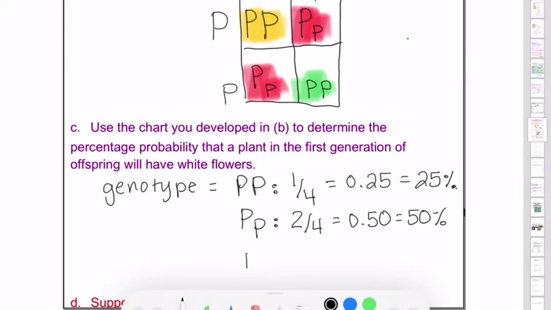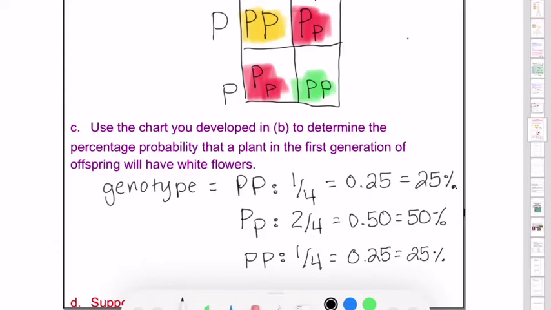And then our little p, little p is 1 in 4, which is 25%. Okay, so that is how we would determine the percentage probability.